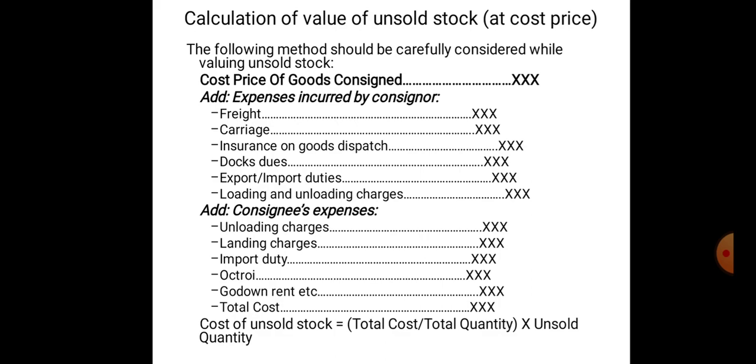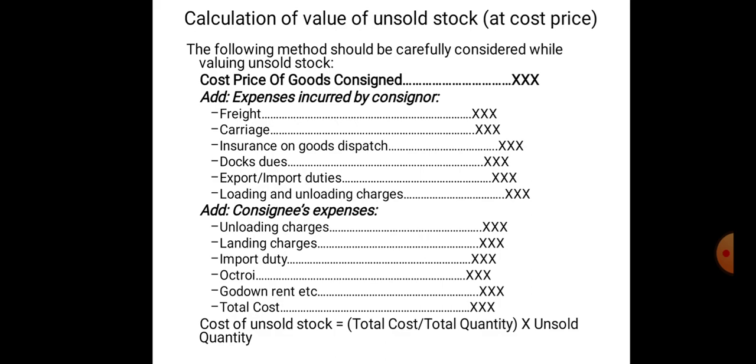These all come under the category of direct expenses, and some other direct expenses which have been incurred by the consignee also will be added to this cost price of the goods consigned, that is unloading charges, landing charges, import duty, octroi, godown rent, etc. So these all things have to be taken and added to the cost price of the goods consigned. In this way you will be doing the valuation of unsold stock at cost price.